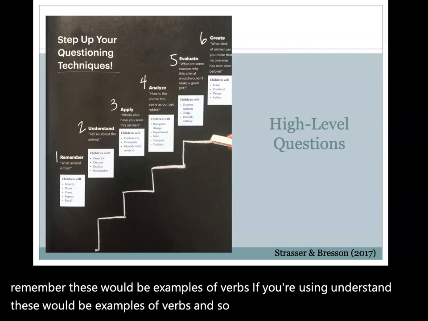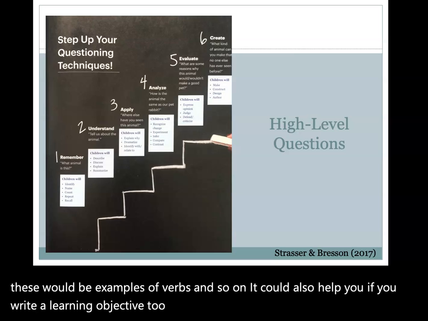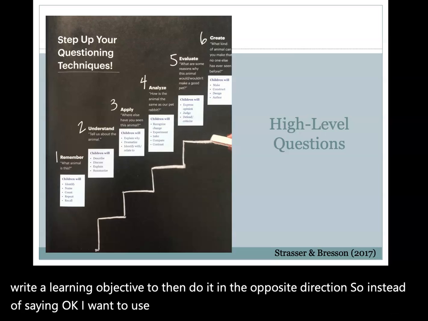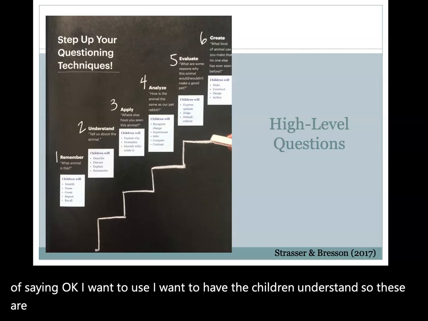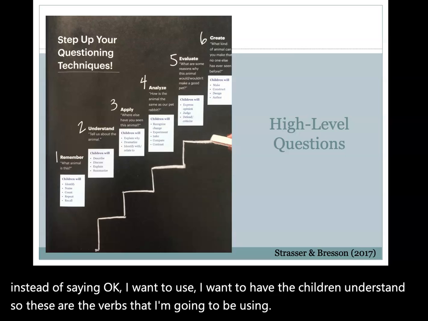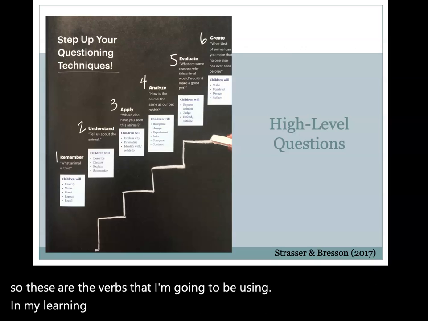It could also help you, if you write a learning objective, to do it in the opposite direction. So instead of saying, okay, I want to have the children understand, so these are the verbs that I'm going to be using in my learning objectives, and then design a learning objective, you can do it in the reverse order.